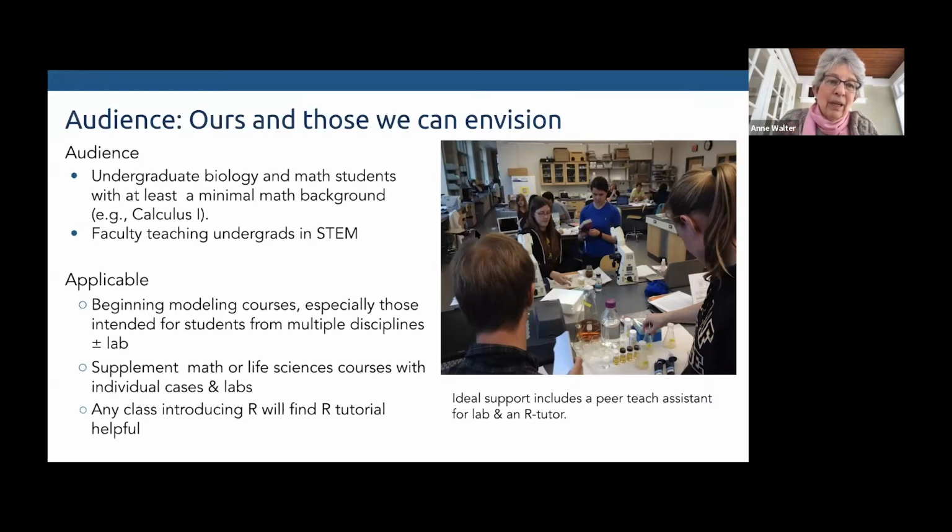And I will note that that minimal math background will work, but most students really need more mathematics. We're also addressing in our textbook any faculty member who's teaching undergraduates in STEM. So it's really an undergraduate beginning modeling course with the real goal of thinking about the real world.